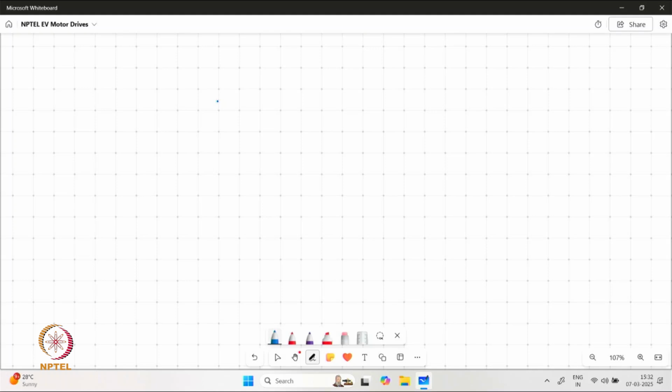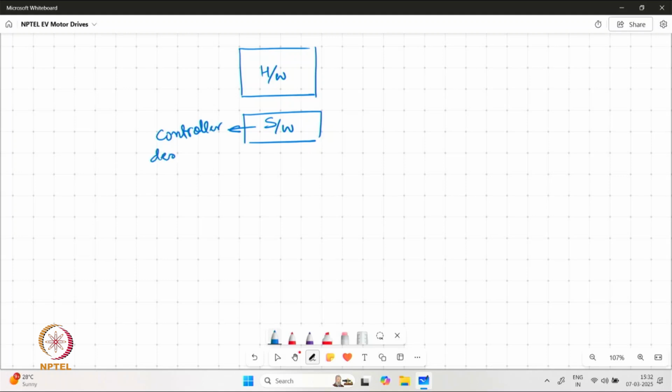As I have indicated in the previous lecture, there are two parts in the system. We have hardware and then we have software. Software essentially involves the controller, which is designed as per the requirements.